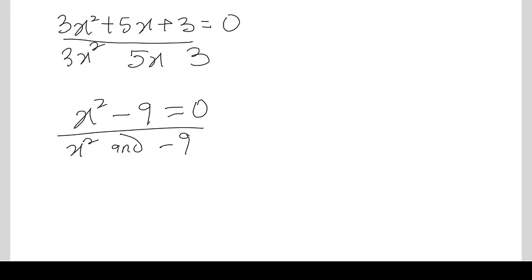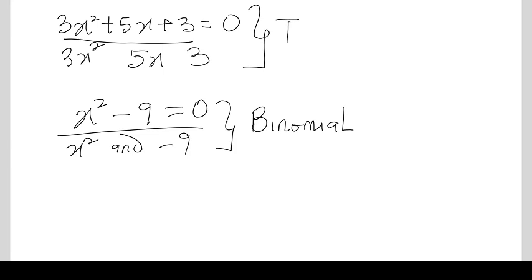So if an expression or an equation is having 2 terms, it is called a binomial. While if an expression or an equation is having 3 terms, as in this case, it is called a trinomial.